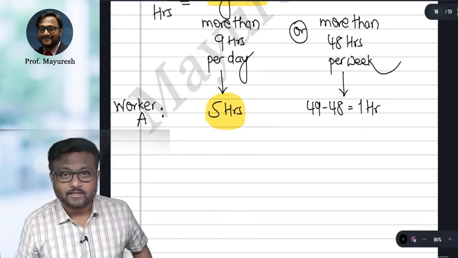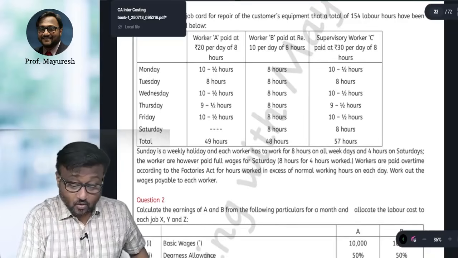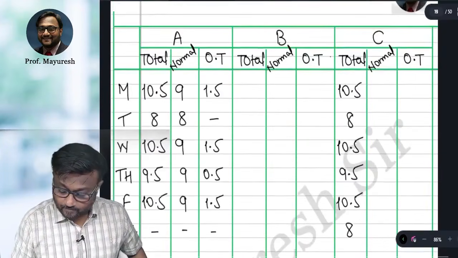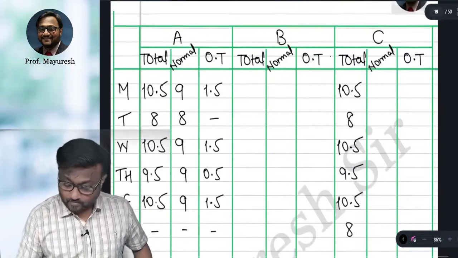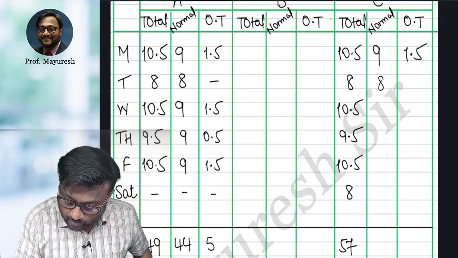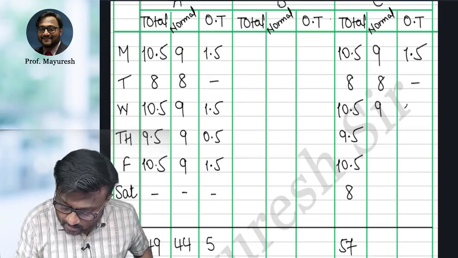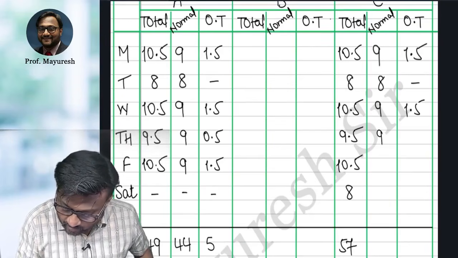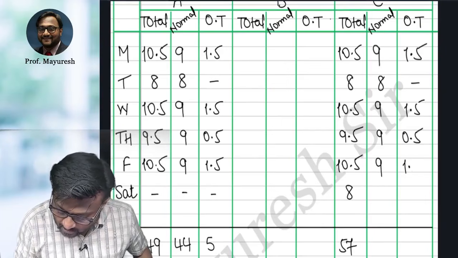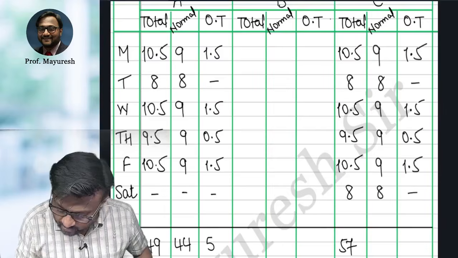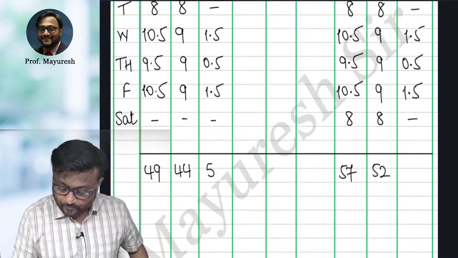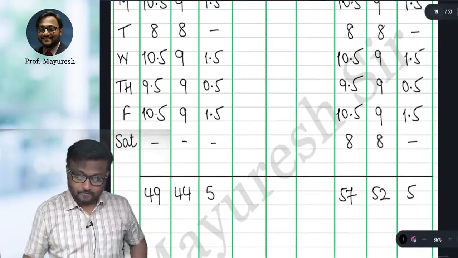Are you understanding this? Look at your other worker, C. 9 hours normal 1.5, 9 hours normal 1.5, 9 hours normal 0.5, 9 hours normal 1.5, 8 hours and dash. So this will be 52 and this will be 5.